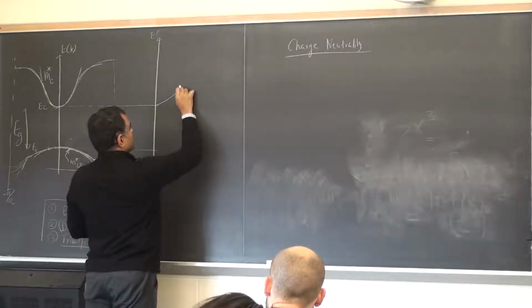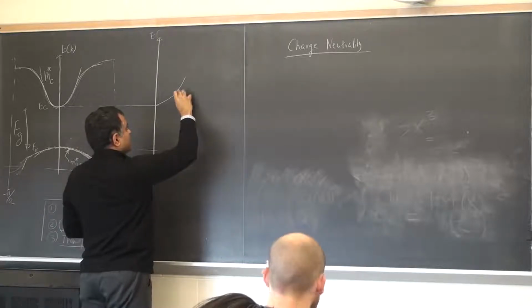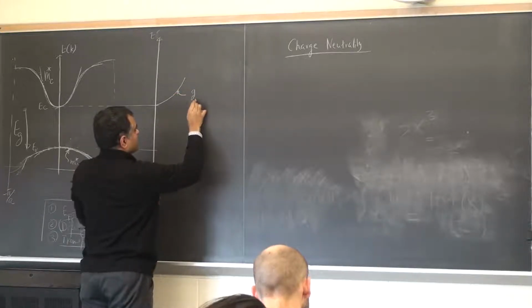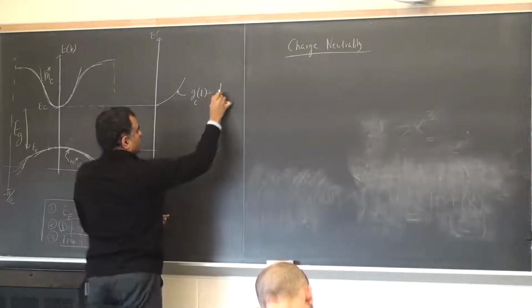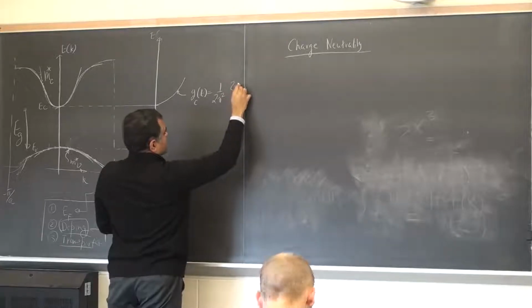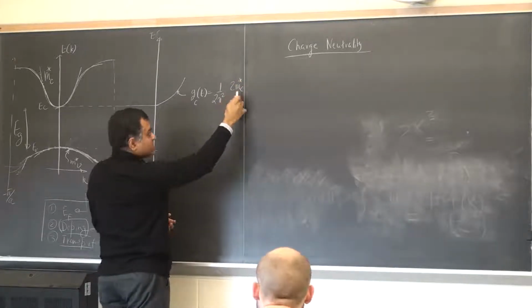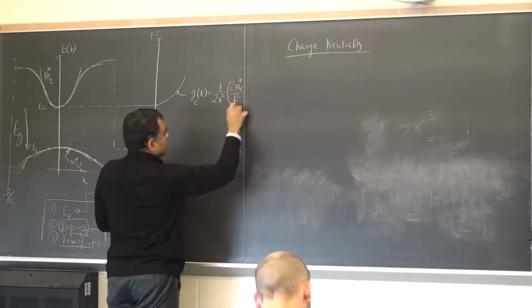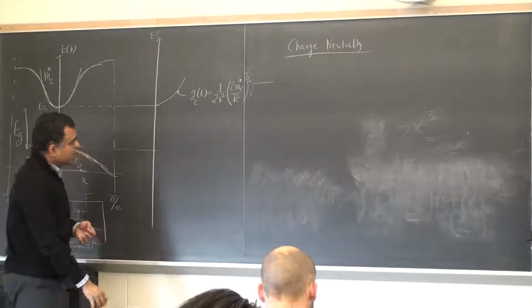It goes as the square root of energy. The conduction band density of states, if you go back and check, is given by twice the mass, but now it has to have the effective mass, to the 3/2 power, times the square root of energy.